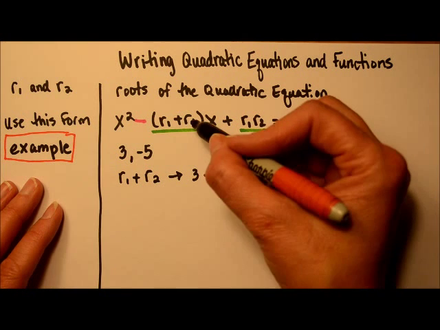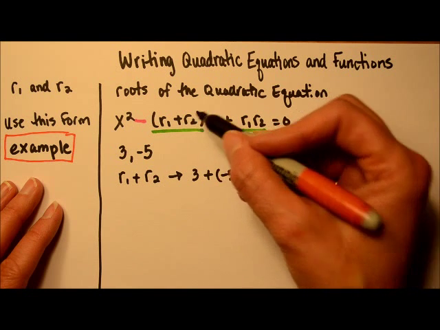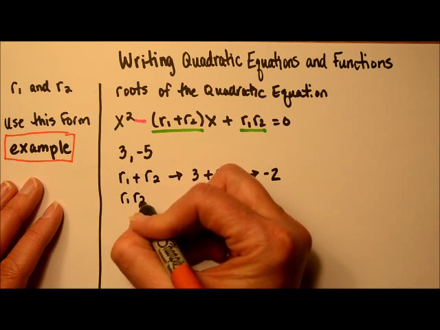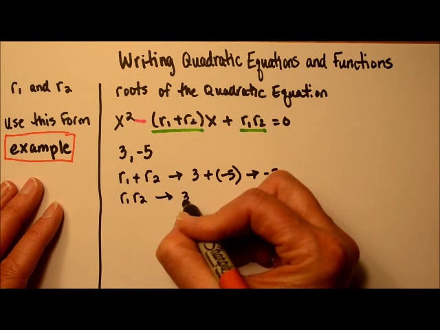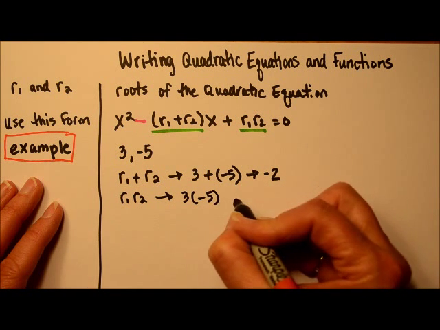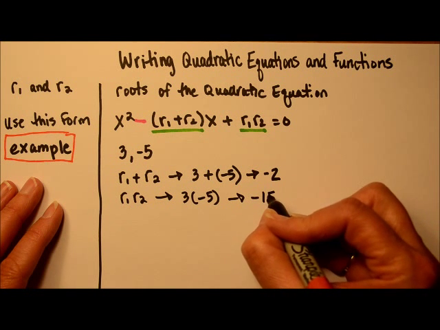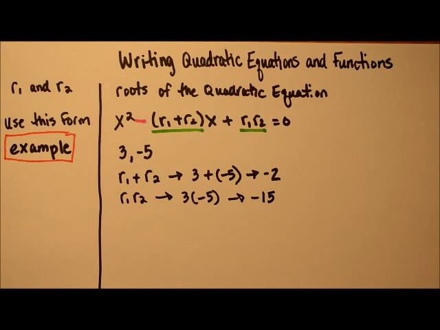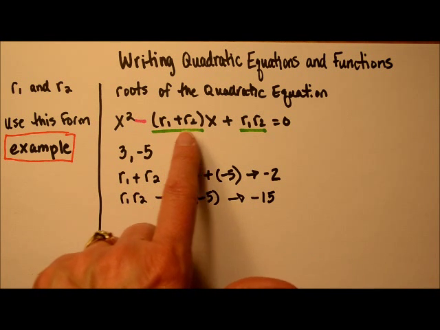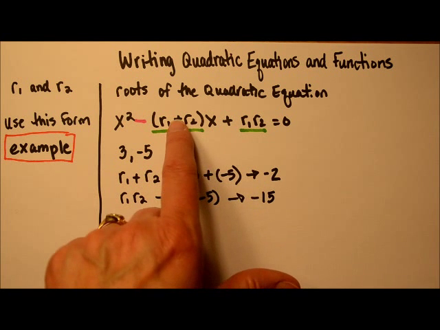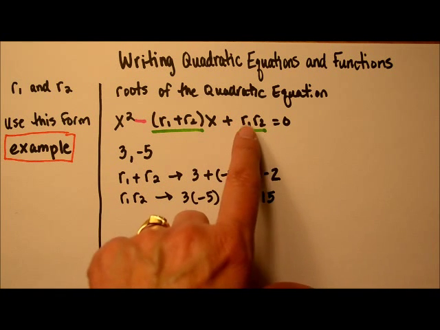That's this one. And then I have to find R1 times R2, which would be 3 times -5, which would be -15. Once I find those, I'm just going to plug them back in here. The R1 plus R2 goes here, and the R1 times R2 goes there.